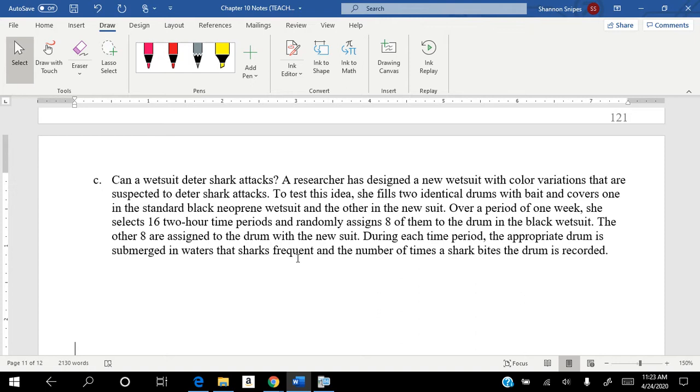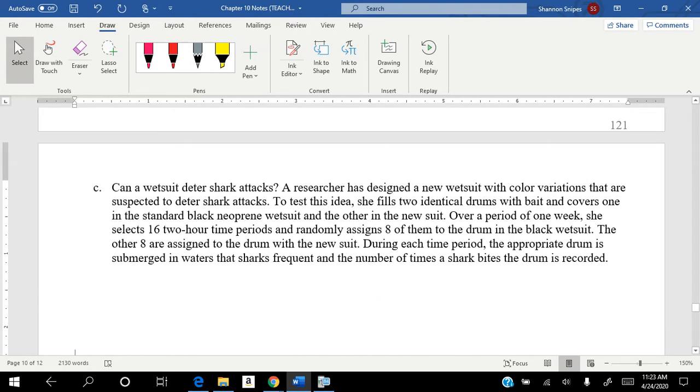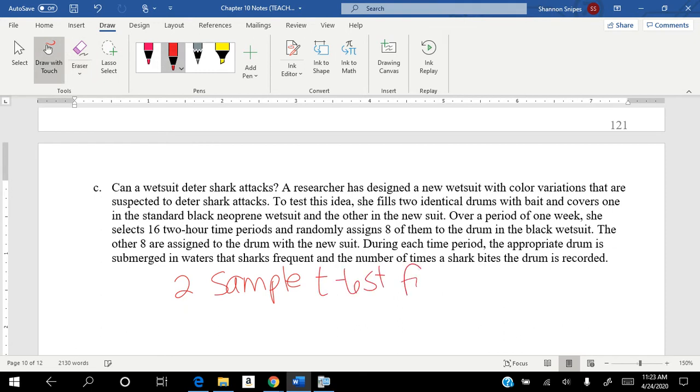All right, so this is 2-sample. This is an example of 2 samples. So we're going to do a 2-sample t-test for means. This data was not paired.